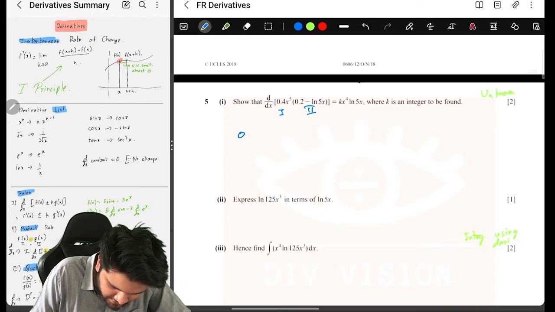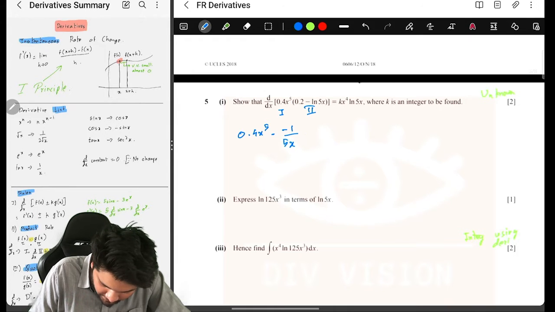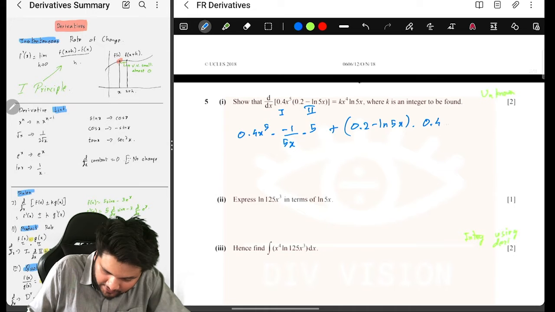Yeah, that is fine, first and second. So first, that is 0.4x to the power of 5 into the derivative of (0.2 minus ln 5x), so it's going to be minus 1 upon 5x into the derivative of 5x, which is nothing but 5, plus second, that is (0.2 minus ln 5x) into the derivative of 0.4x to the power of 5, so 0.4 will stay as it is into 5x to the power of 4.